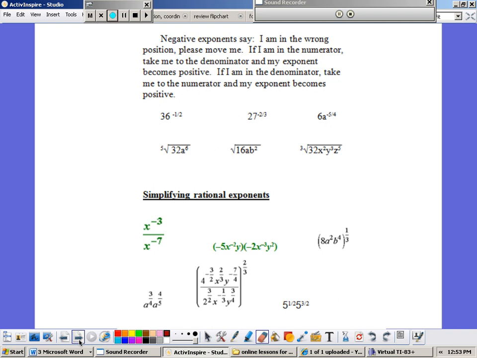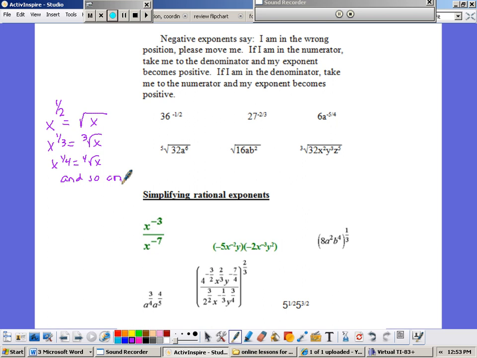Here's a review. First of all, you have to remember that 1/2 power is the square root of x, 1/3 power is the cubic root of x, 1/4 power is the fourth root of x, and so on.